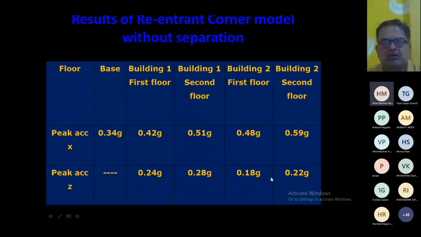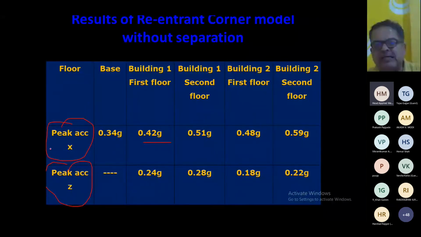But you see, this is very important. When we are connecting both the models, what is happening? We get the acceleration in the x direction. We get the acceleration in the z direction. Why?